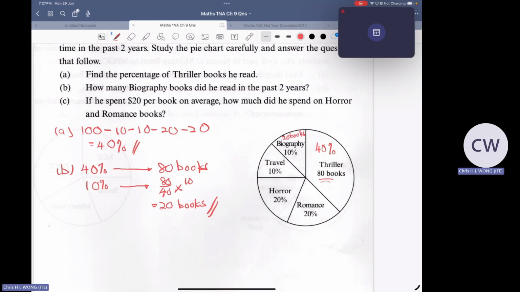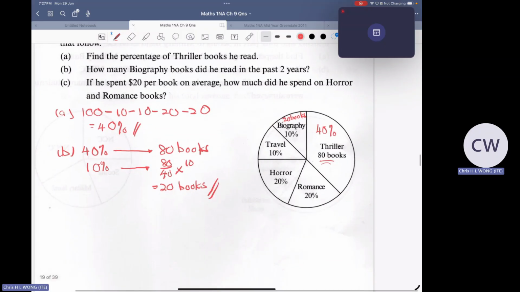Now 10% is 20 books, right? All you need to find is how many books are horror and romance, isn't it? So first of all, you write down horror plus romance. How many percent is that?